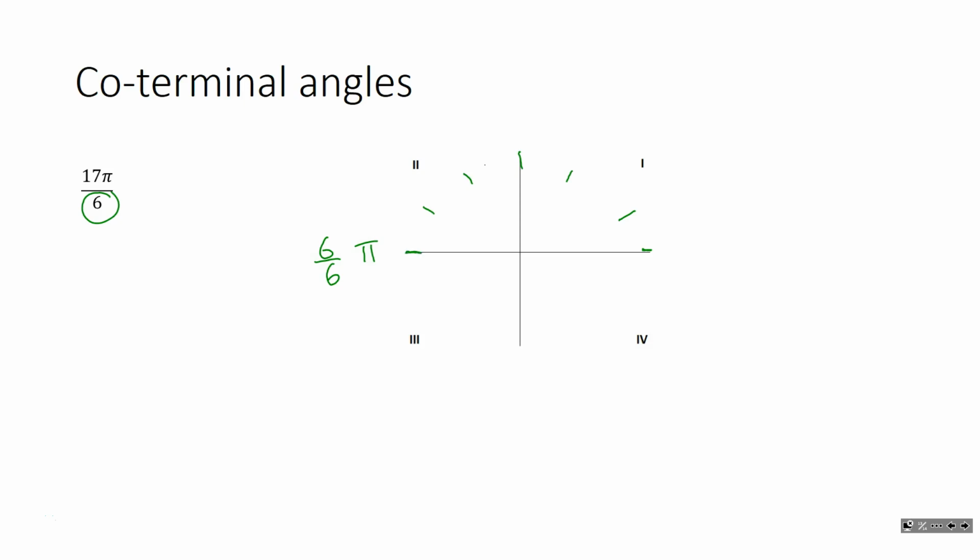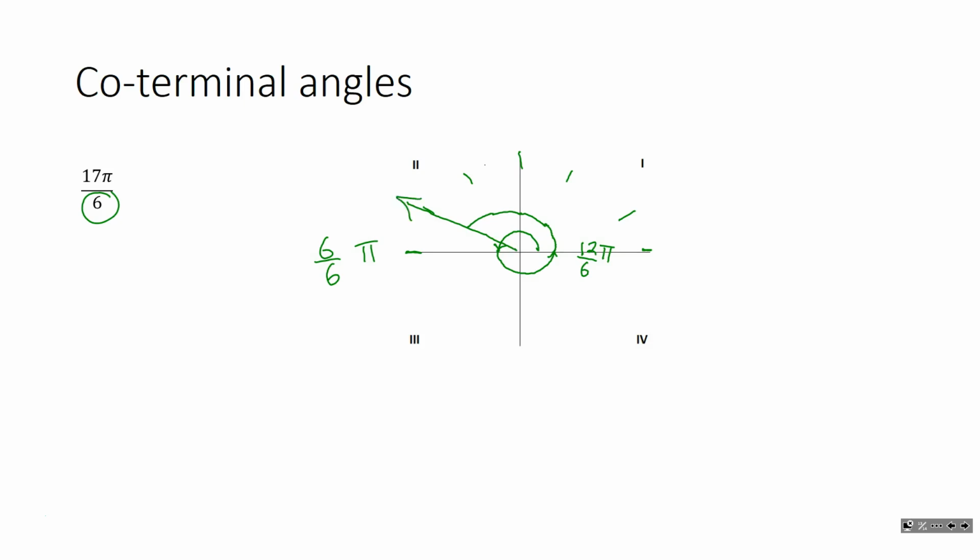So let's take that 17 over 6. When we've gone this far, we've gone 6/6. If we go around another half circle, at this point we would be at 12/6 pi. Now from 12/6 pi to get up to 17/6 pi, we'd have to go another 5/6. 12 plus 5 would give 17. So 1, 2, 3, 4, 5, approximately that angle there.